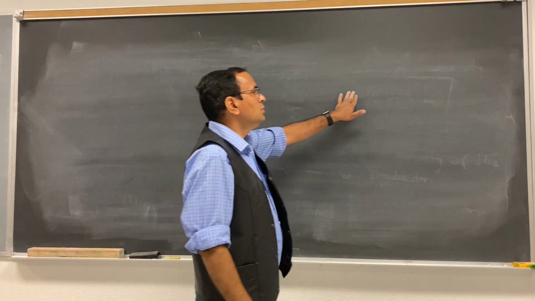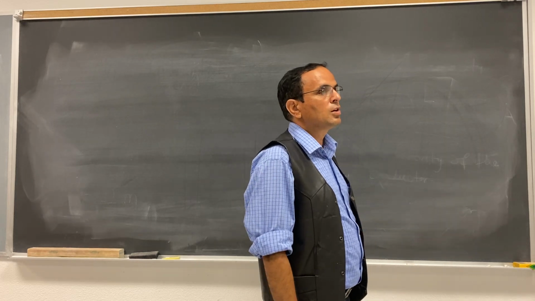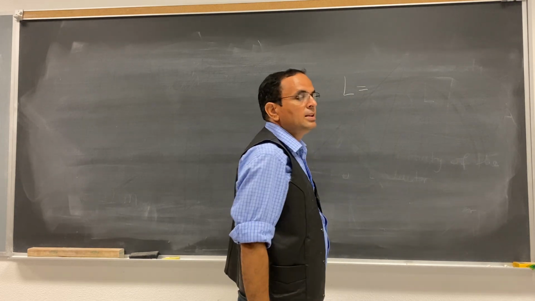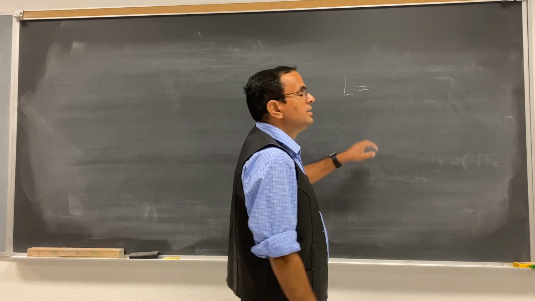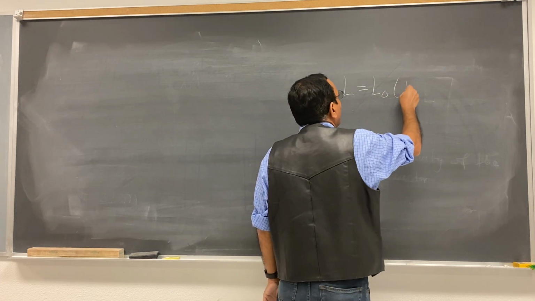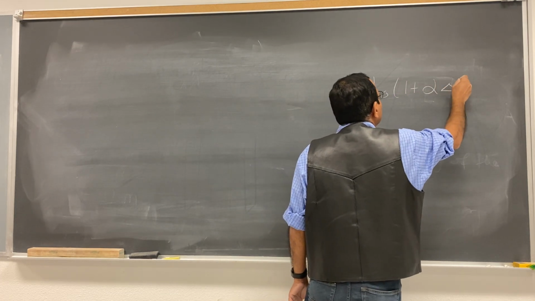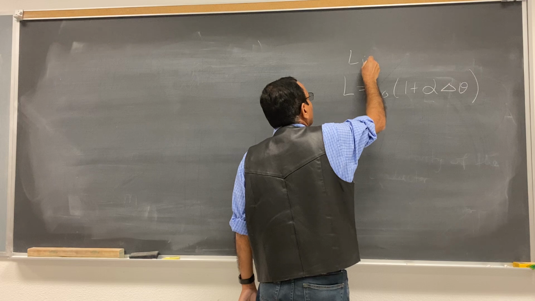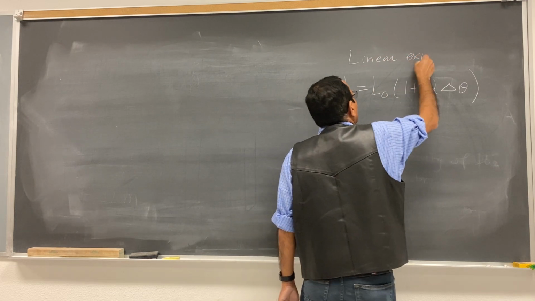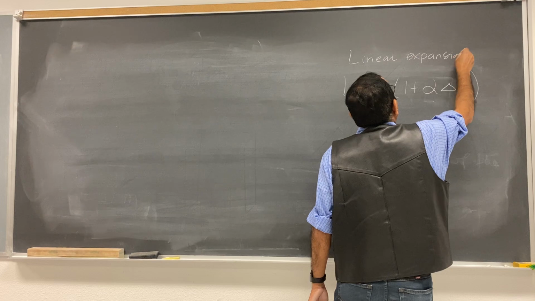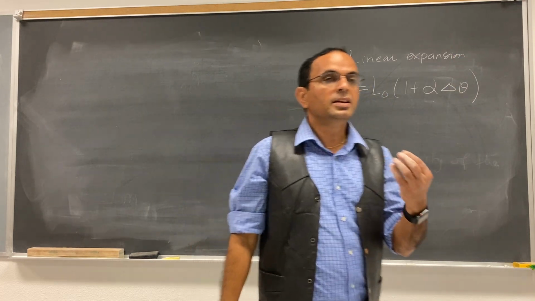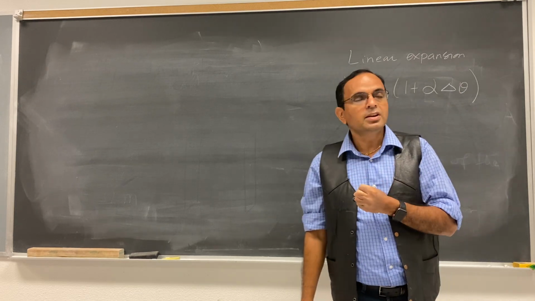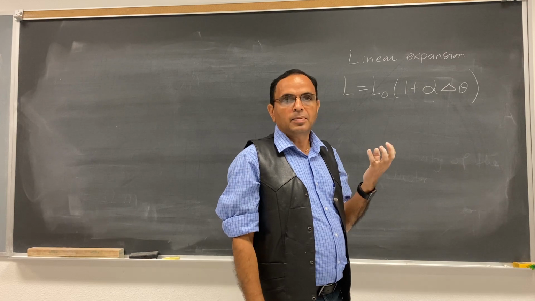Let me remind you, in Physics 120, heat and thermodynamics, you learned that the final length of the rod is the initial length L0 times 1 plus alpha delta T, or delta theta, whatever you call it. That is linear expansion, in the heat and temperature chapter, chapter 13 if you use Giancoli.